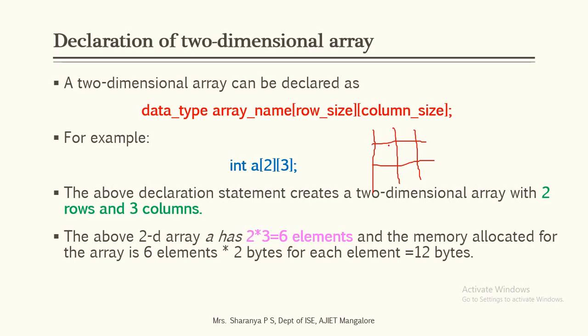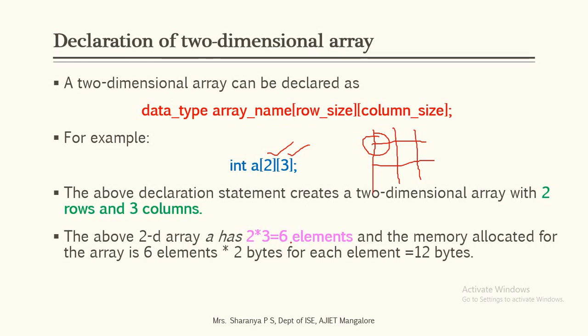So, by using these 2 index values, we can calculate the total number of elements present in the array. That is 2 into 3, the number of rows into the number of columns. That will yield the total number of elements present in the array. This is how we can identify the overall number of elements in a two-dimensional array.